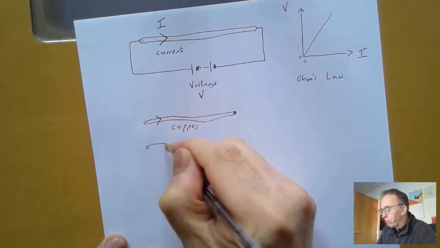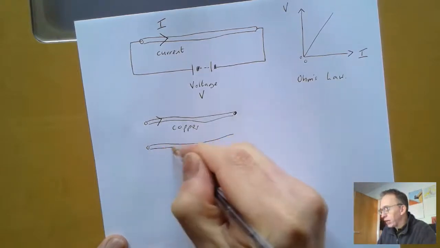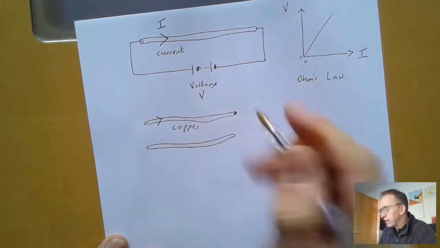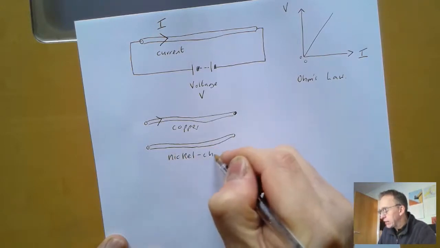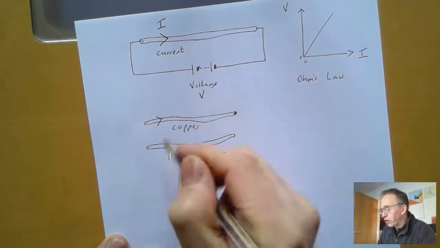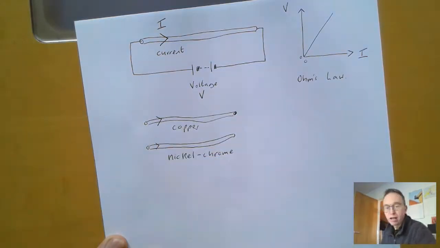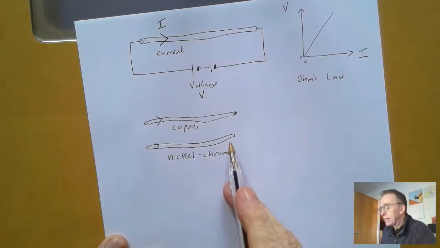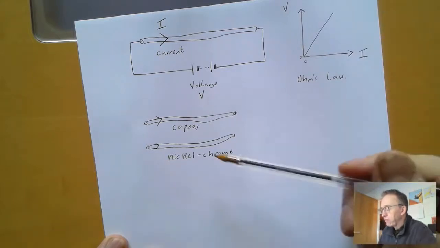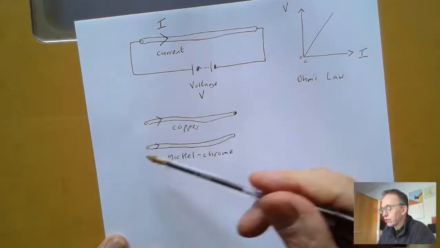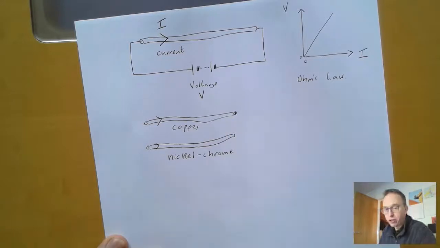But if we got a wire made of a different metal, say nickel chrome, then what we find is that this will also conduct a current, but it won't be such a big current as the copper will conduct. So current does not flow so easily through nickel chrome. And therefore we say that the nickel chrome has more resistance to the flow of current than the copper does.